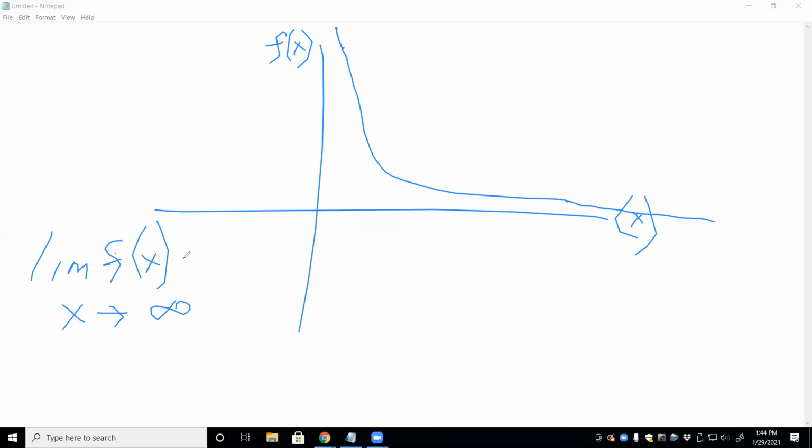So if I said, what's the limit of f of x as x goes to 0 from the right, which is the only way it can go in this example, because I haven't drawn the other half of the hyperbola, you would say infinity. Positive f of x.